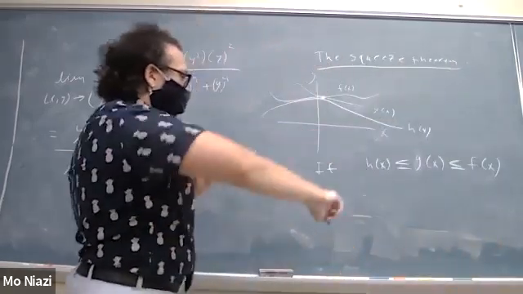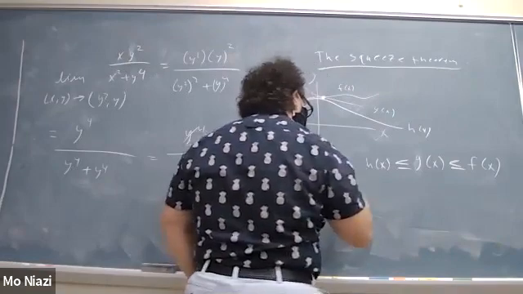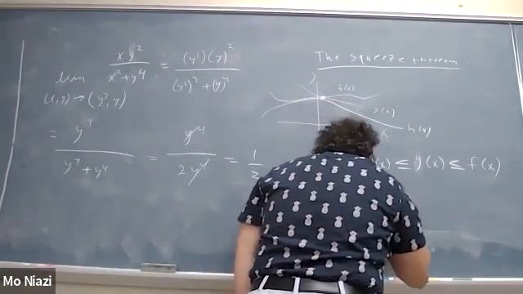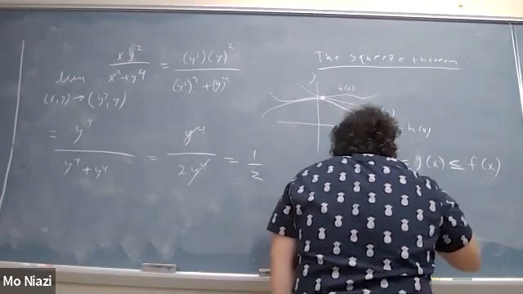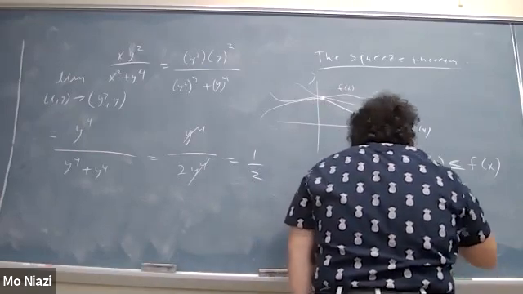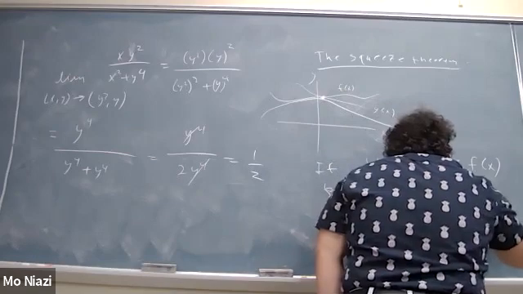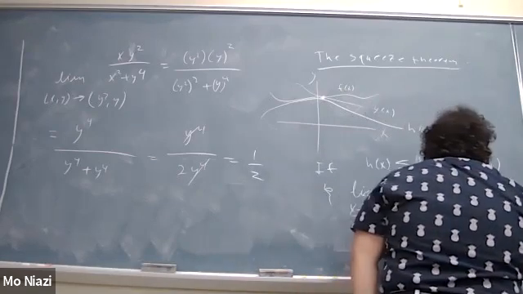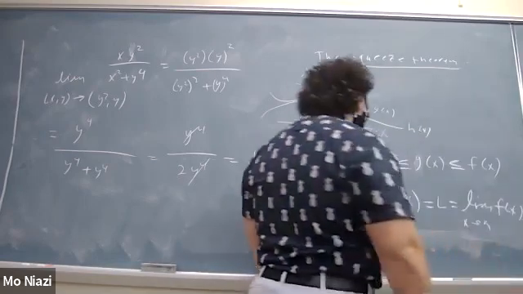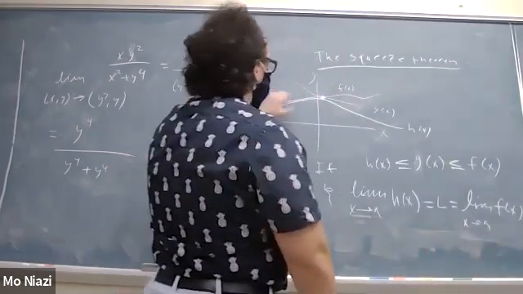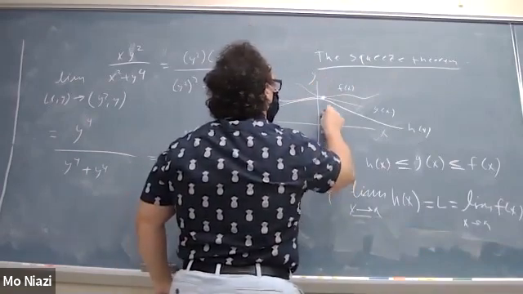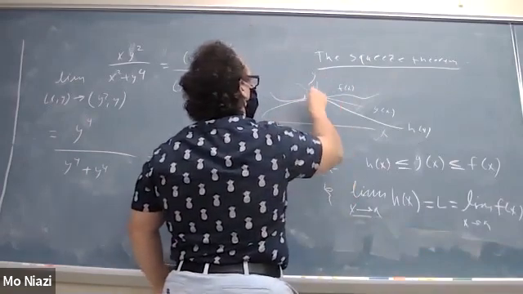So if this holds, and the limit as x approaches some a of h of x is equal to L, which is equal to the limit as x approaches a of my f of x. So the limit for the top function is L at some endpoint a. Here's my L right here.